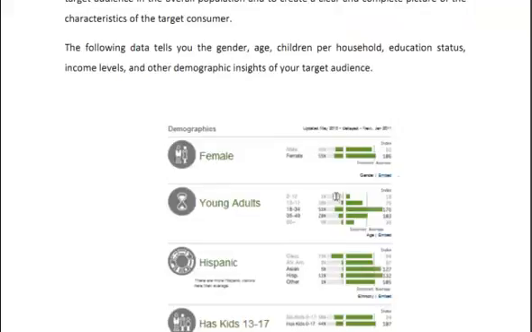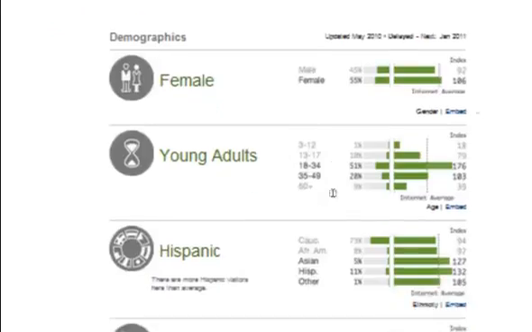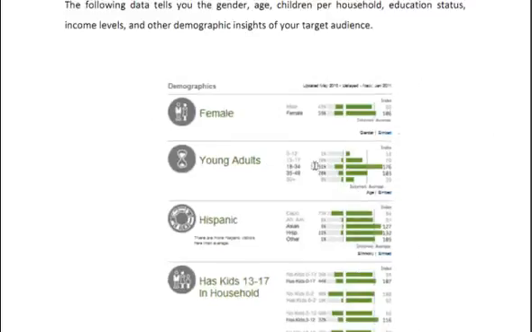If you zoom in and see the data over here, you see that 51% belong to the 18 to 34 years old age group. So again, when writing sales copy, you should write it in language that appeals to this particular age group. Also, when you're creating the product, it should be geared towards females, since the majority are females.